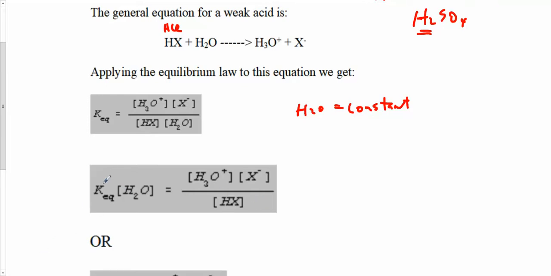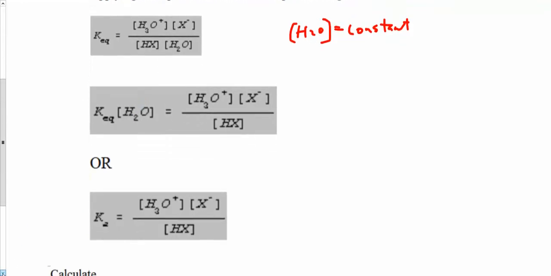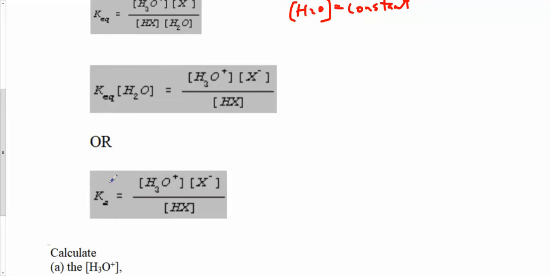Now, this is a constant, and we just learned that the concentration of H2O is constant, so a constant times a constant is another constant, and since we're talking about acids, we use the symbol Ka.